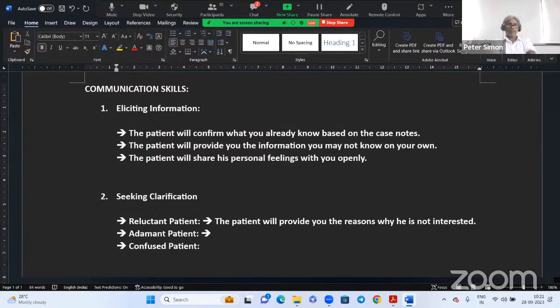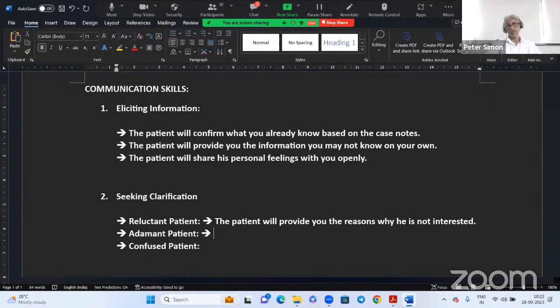Adamant patient. So a reluctant patient has some psychological problem. An adamant patient is a different style. The reluctant patient is so because of fear. The adamant patient is so because he himself doesn't want to do it. So a reluctant patient is not interested because he's afraid, maybe.